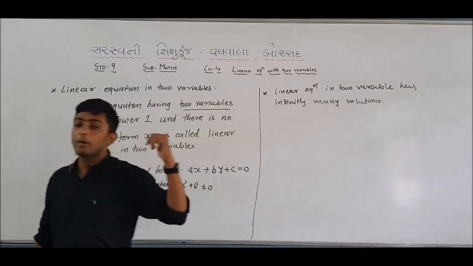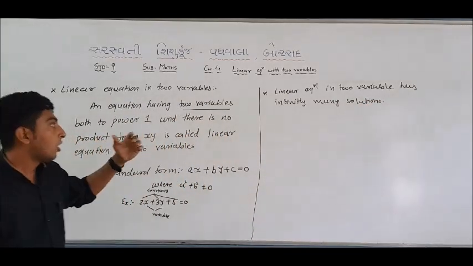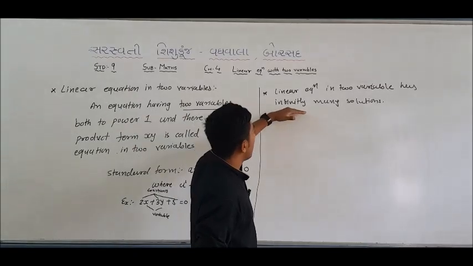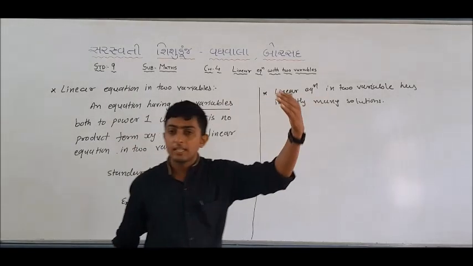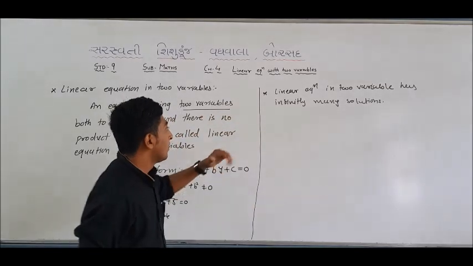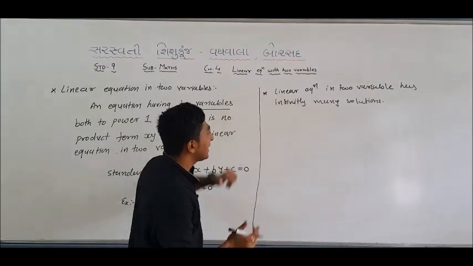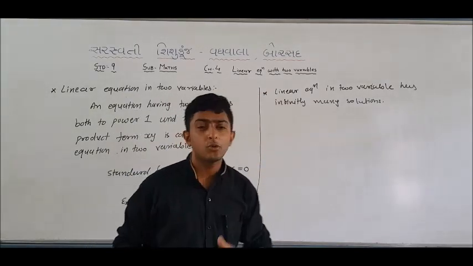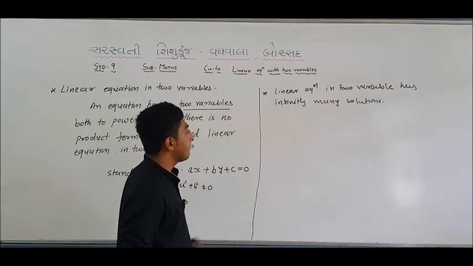It is an MCQ based question. It can be asked in the exam as fill in the blanks or true false. So let us see how it is possible that a linear equation in two variables has infinitely many solutions.